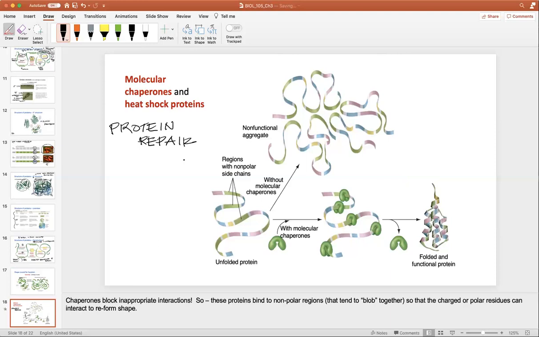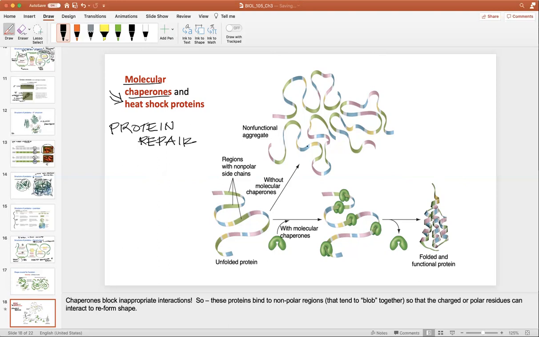So we do have a way to repair proteins, and that involves the use of something called molecular chaperones, or many of these molecular chaperones are called heat shock proteins. And this name should make sense. If your body experiences a burst of heat, it might cause your proteins to unfold.